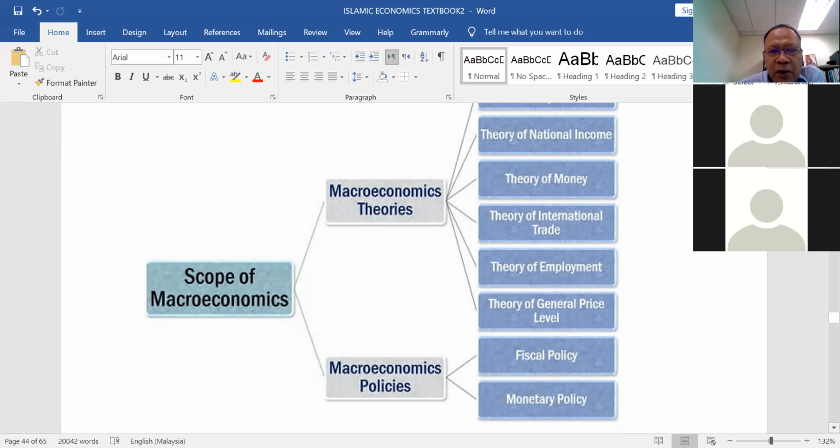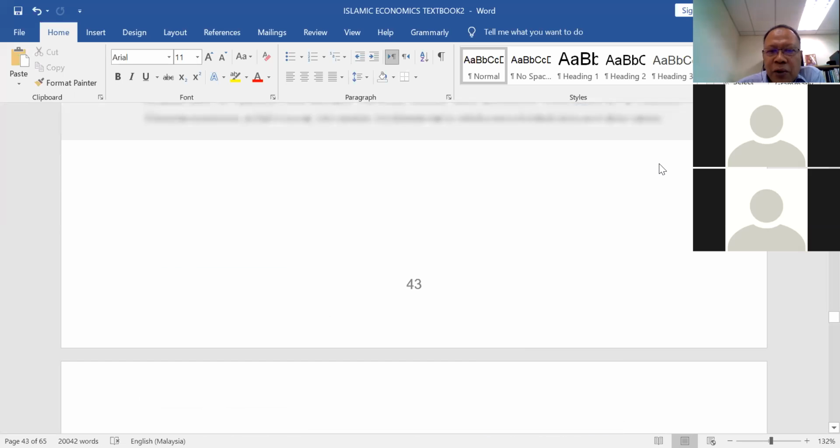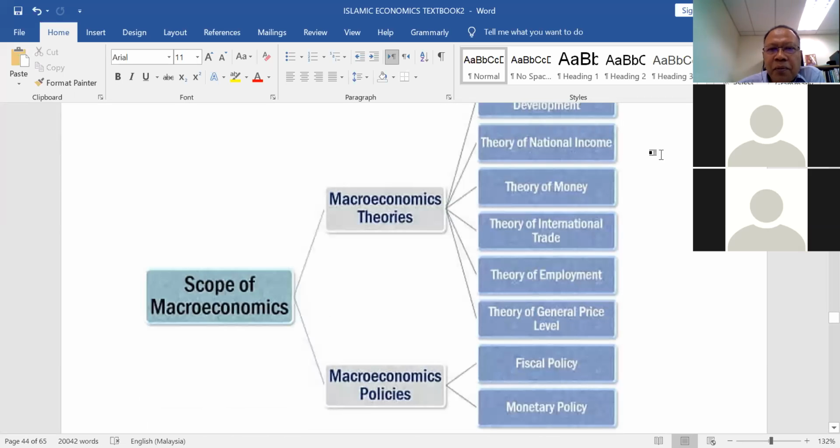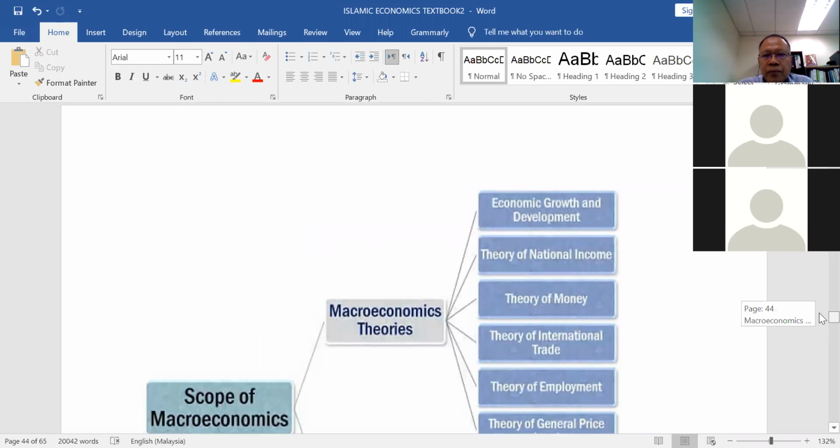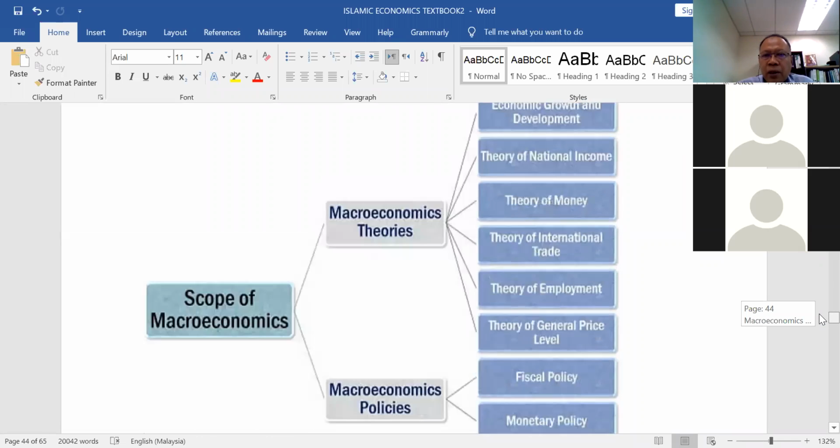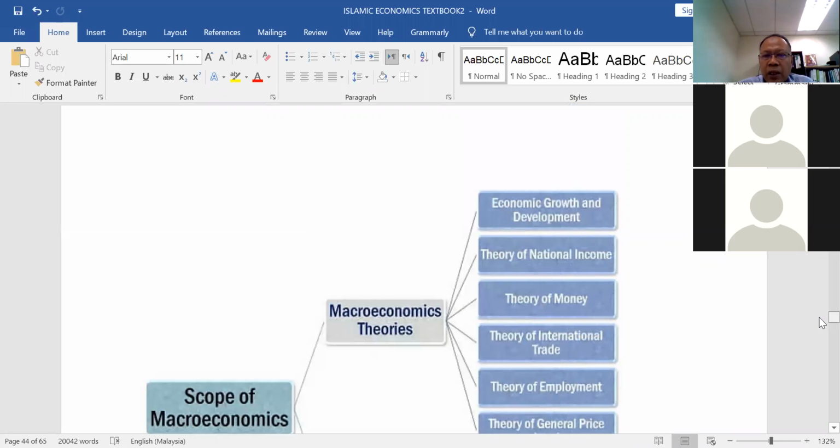There are lots of macroeconomic theories and macroeconomic policies. So this one you have studied before in macroeconomic class, right? So there are several macroeconomic theories, the theory of development, the theory of economic growth and development.